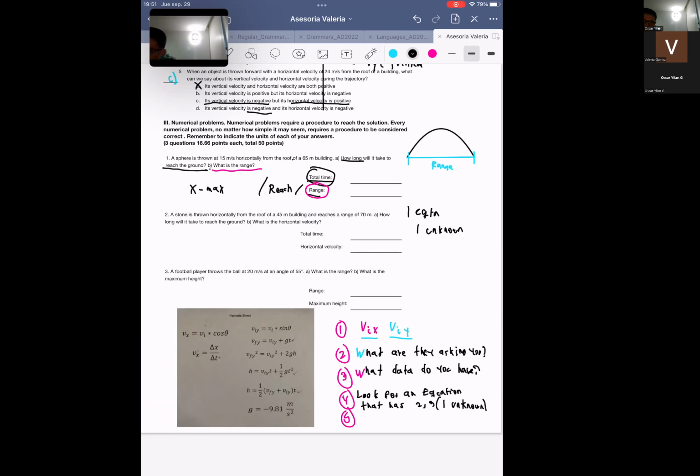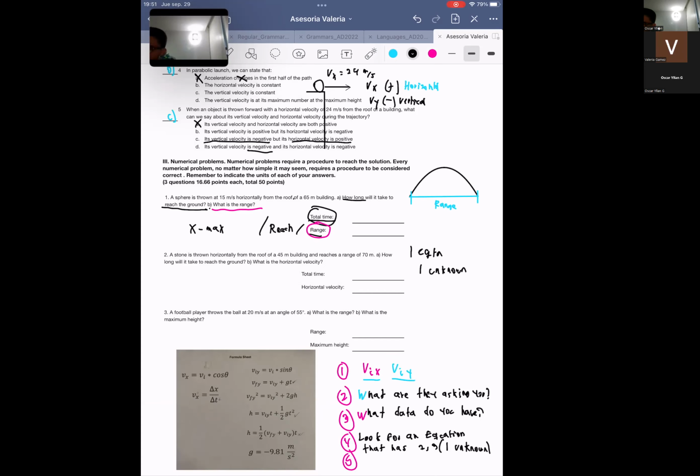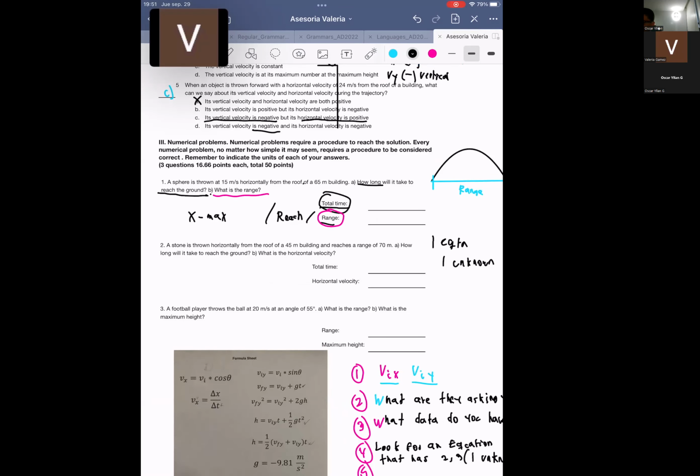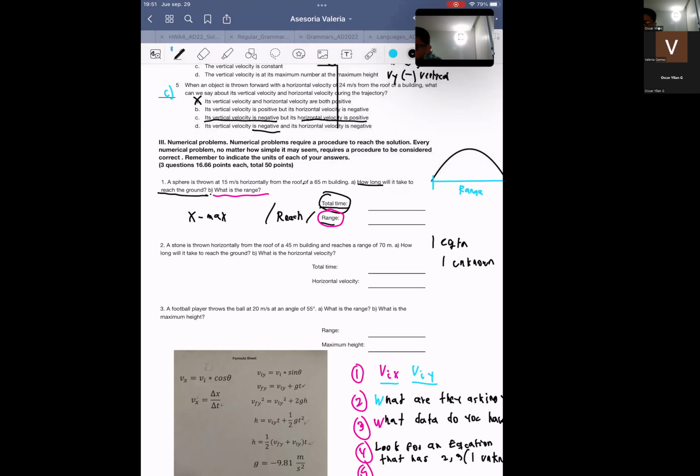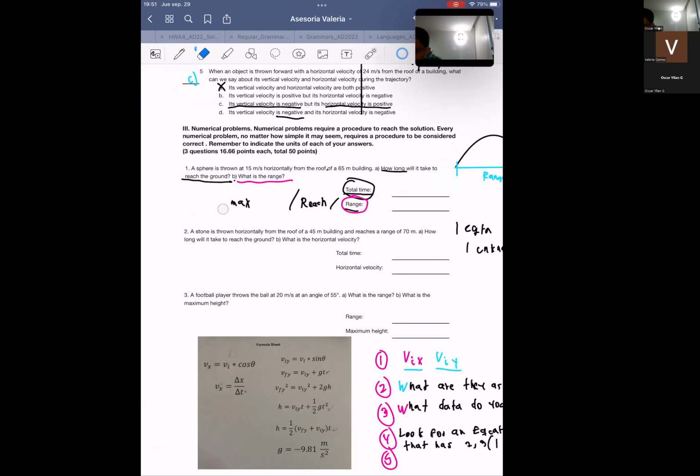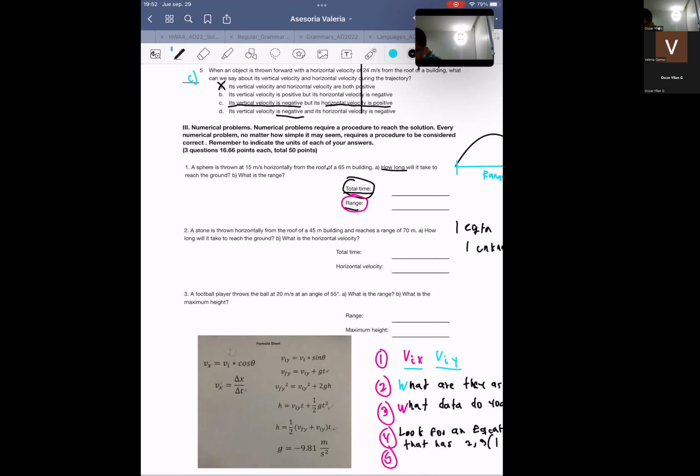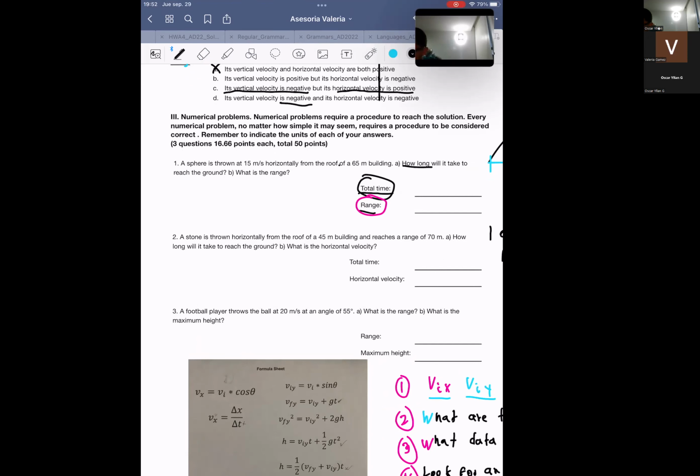Because if not, you cannot solve that equation. So that's the steps for solving any problem of this type. Now let's apply it to this problem. It says, a sphere is thrown 50 meters per second horizontally.